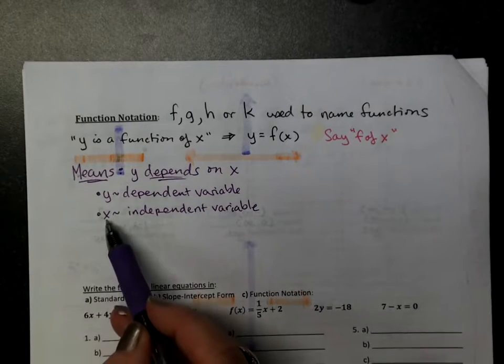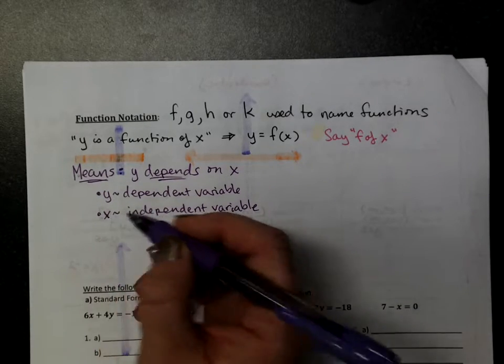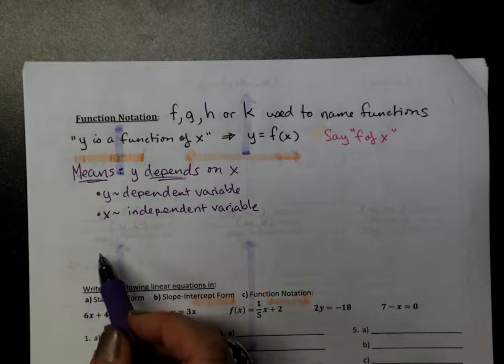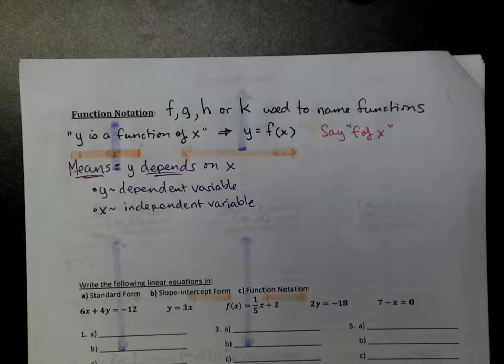Now you have some restrictions. If you have an infinite, unrestricted domain, you can choose any x, but some are restricted depending on the function. That's a topic you explore more deeply in college algebra, when you have restricted domains and what's included and what's not.